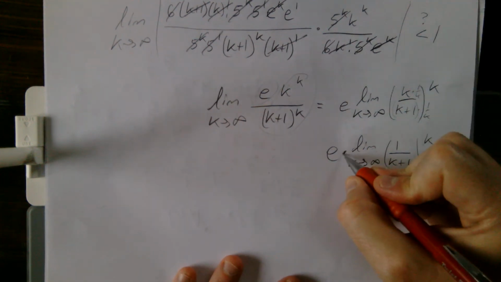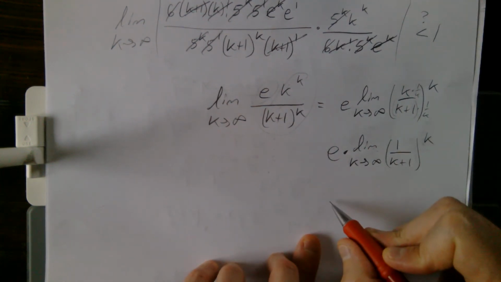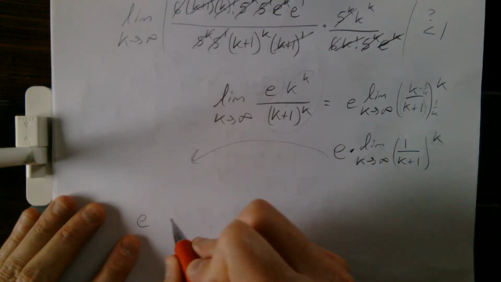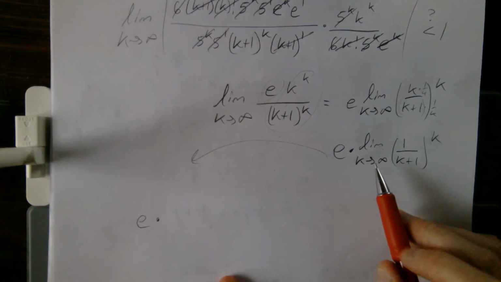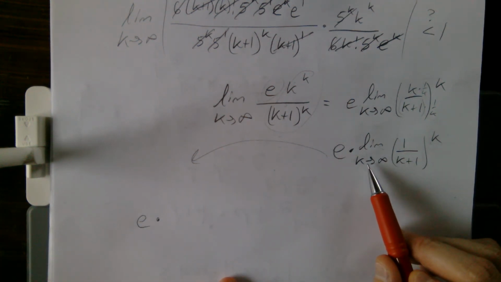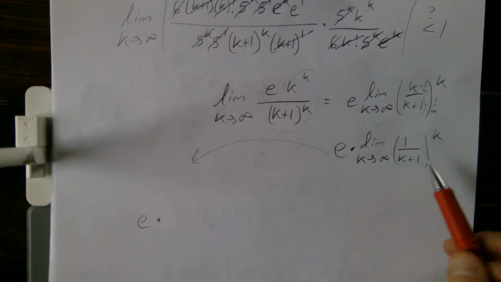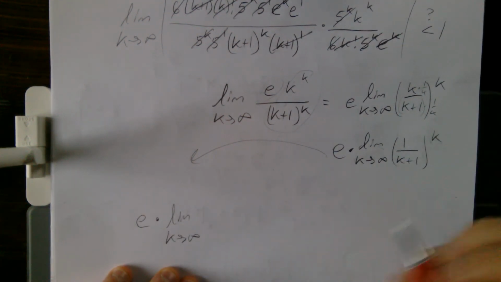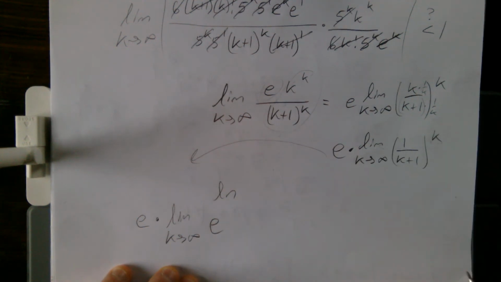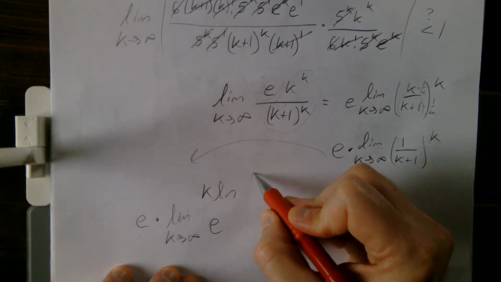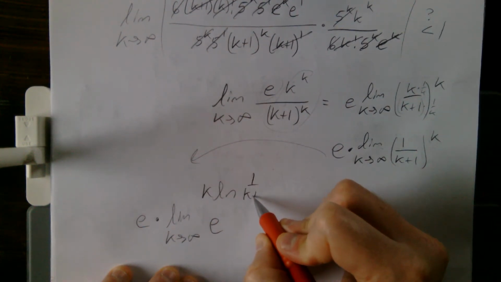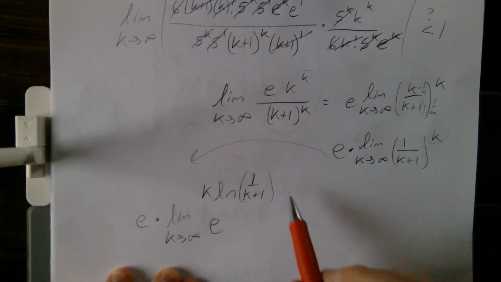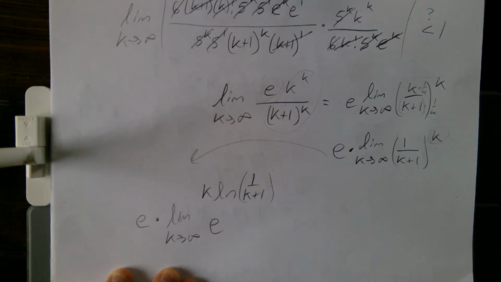What I did in the last one is I turned this into e to the limit. Instead of this function, I just made it e to the log of that function. But again, when you do a natural log of that, the argument of the log has an exponent. Well, that exponent can come right down in front.